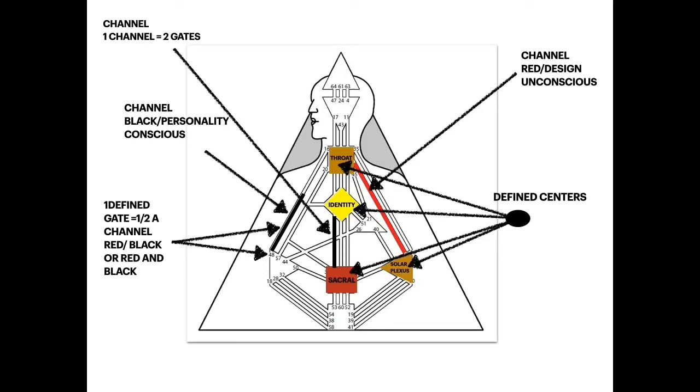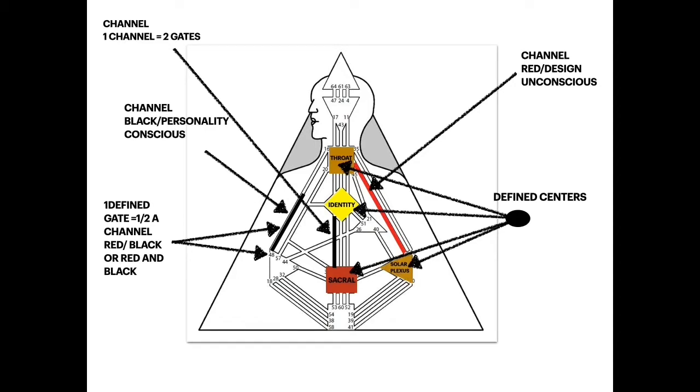When you only have half a channel or one gate of a channel, then that would be considered what's called a hanging gate. Hanging gates are parts of the chart that are always looking for their match. Ultimately, we talk about electromagnetics, or we're always looking for the match to our gates or something that will complete our channel. Because if you can imagine, it's only half a road.